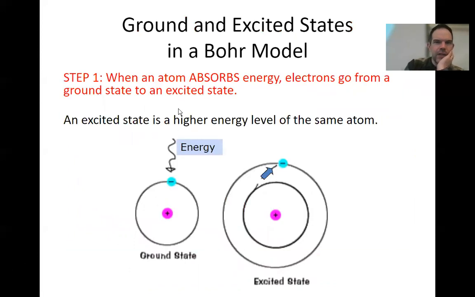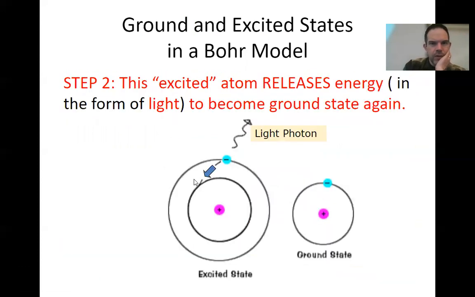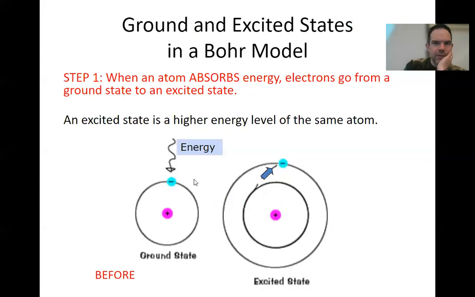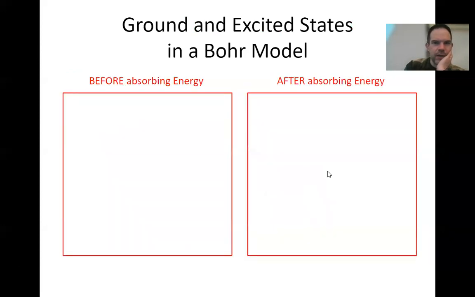When electrons absorb energy, that energy could be from lighting on fire, like yesterday, or from electricity. We give it energy in some way, and when it gets energy, it hops up to a higher energy level. It might hop up one energy level, or it might hop up two energy levels, or more. So again, you filled in box 1, box 2.